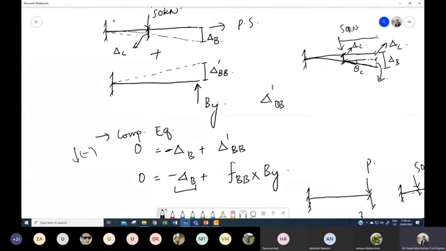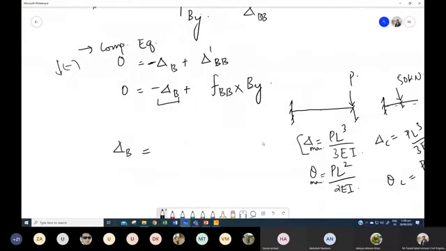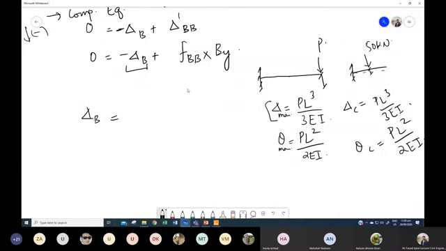This length is 6 feet. If this is 6, this is theta C. Can I say that this is 6 theta C? Think about it now. Yes, you can, sir. Delta B is delta C plus 6 theta C.